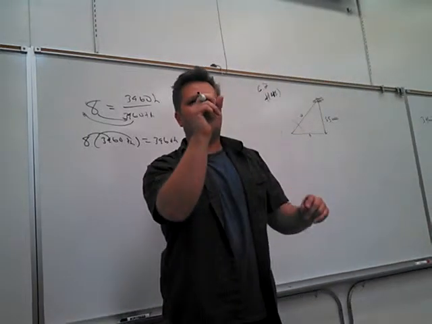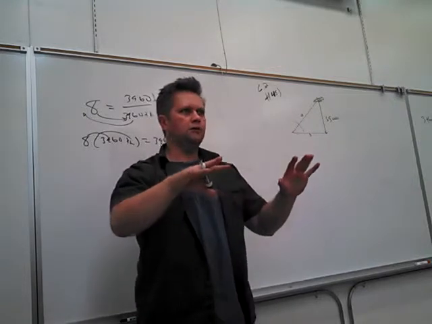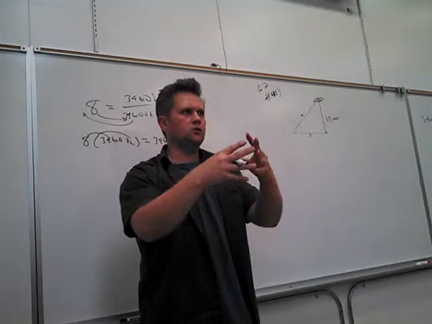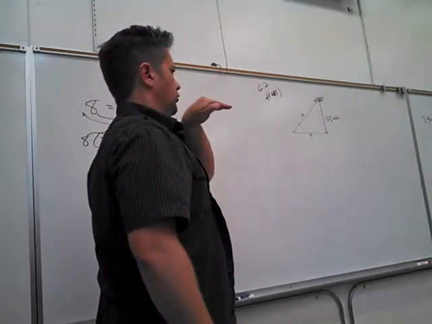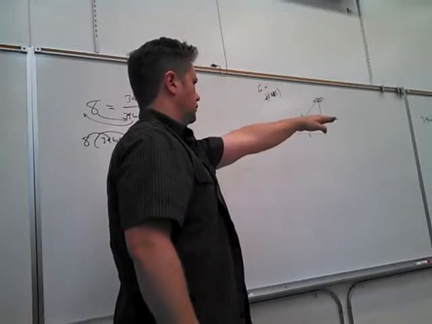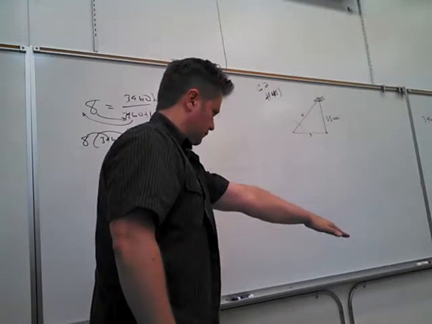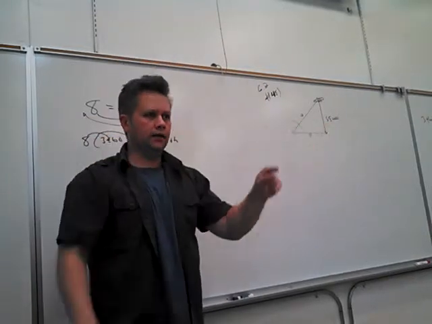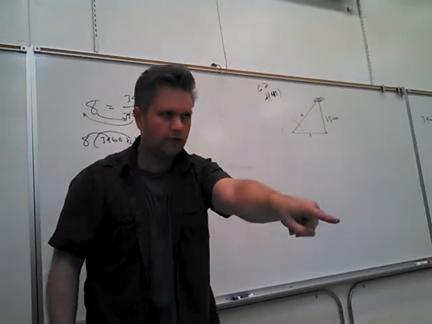Now the part that I think you might have some trouble with, and we might as well clear this up right now, is this angle of depression, which sounds like some weird melding of math and psychology. But angle of depression or elevation is always measured in relationship to looking straight out. So angle of depression would mean go down from there. If I'm looking out over the Grand Canyon and I see something stuck in the side of the canyon at an angle of depression, I'm looking down into the canyon.